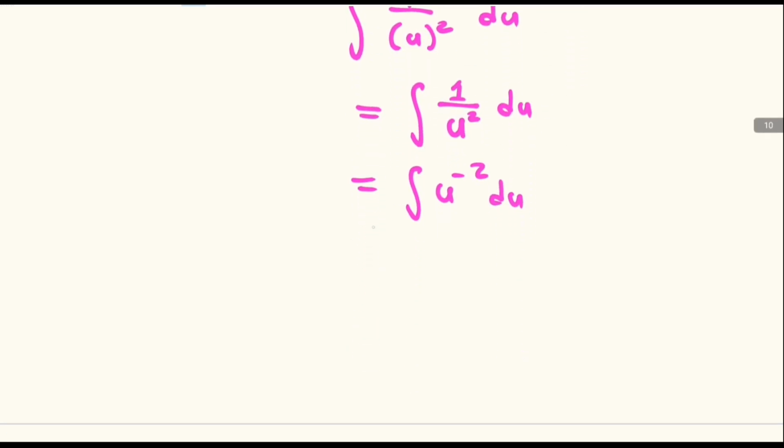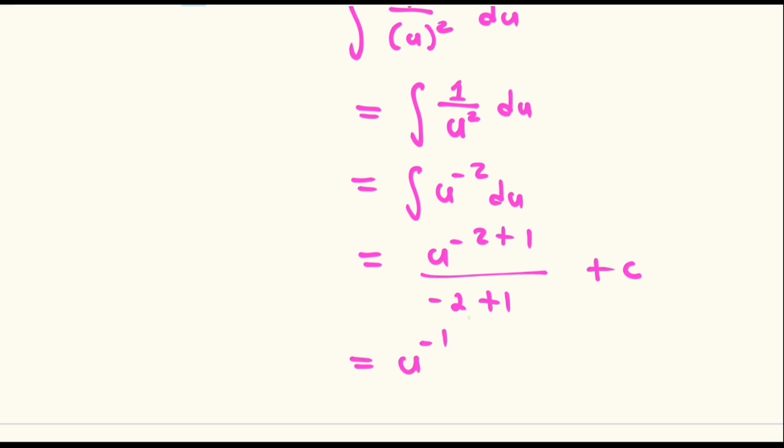And the integral of u to the power negative 2 with respect to u will be equal to u to the power (negative 2 plus 1), divided by (negative 2 plus 1), plus c. Negative 2 plus 1 is equal to negative 1. This will be divided by negative 1 plus c. So we have negative u raised to the power negative 1 plus c.